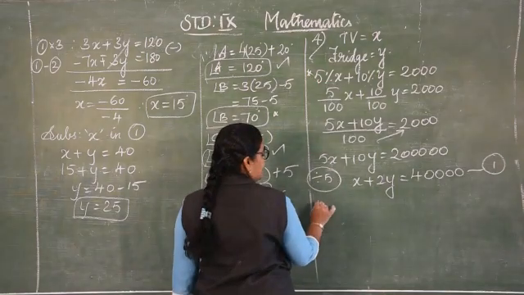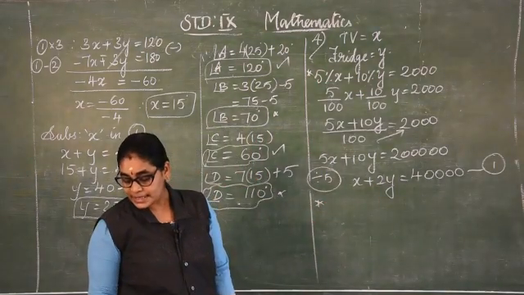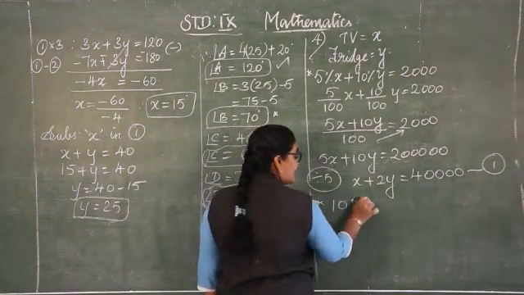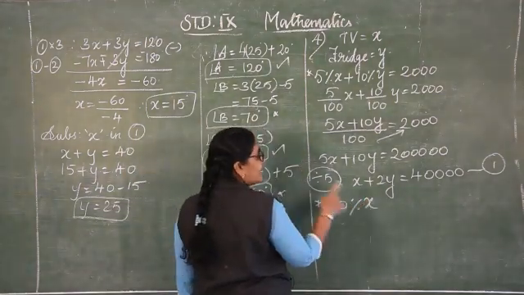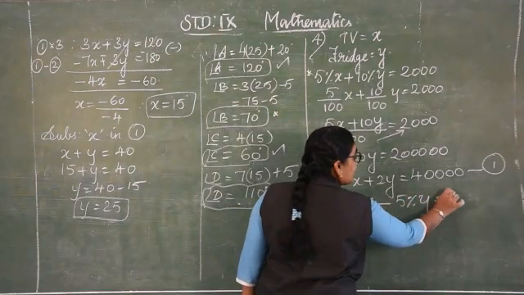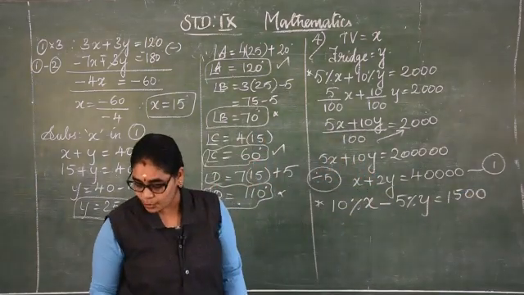This is your first condition and second condition. What is the second condition now? 10% gain and 5% loss. So loss will be represented by negative. 5% loss. He is getting 1500 as his transaction amount.